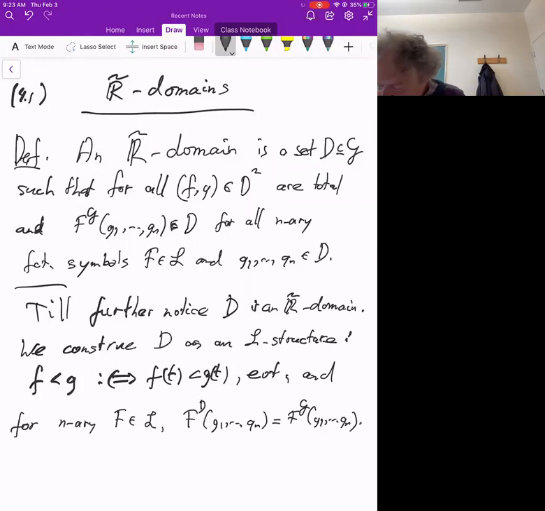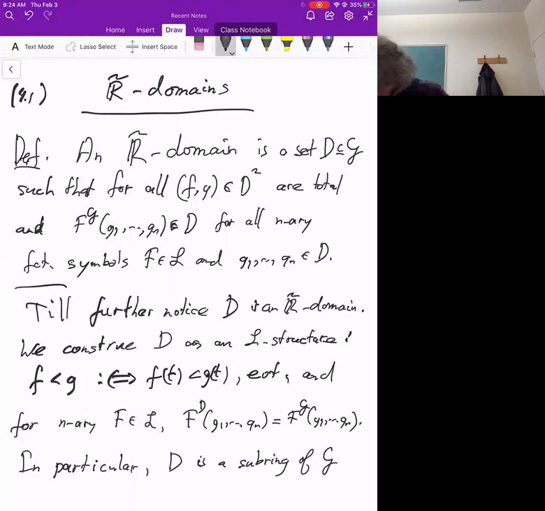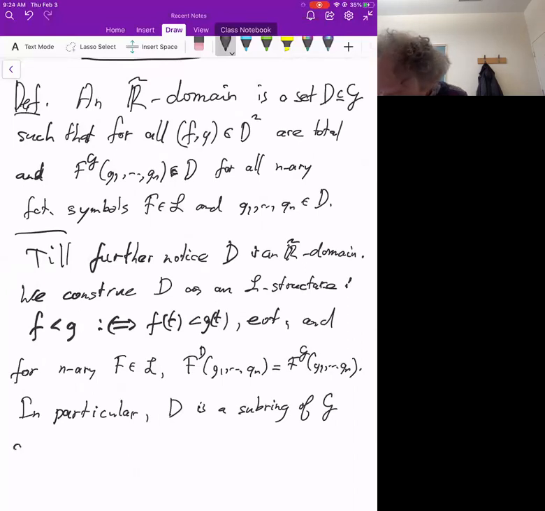So in particular, D is a subring. If you take for F 0, 1, minus, plus, times, then you see that this means that D is a subring of G, and is totally ordered by less than.